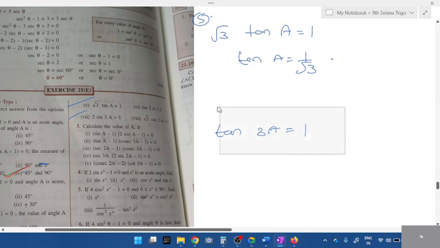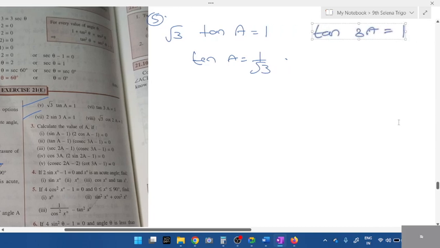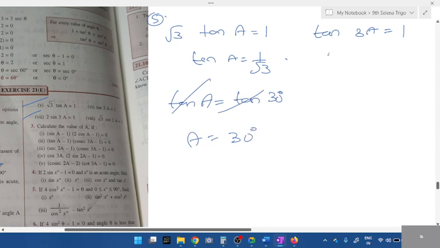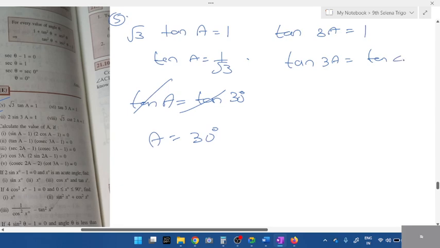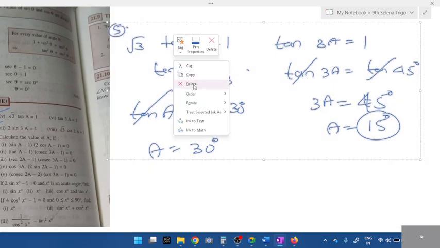Which one gives 1 by root 3? Tan 30, right? A is equal to 30. Okay, next. Tan 3A. Which one gives 1, students? Very good. 45. Tan and tan get cancelled. 3A is 45. A is equal to 45 divided by 3. Very good. 15 degrees.